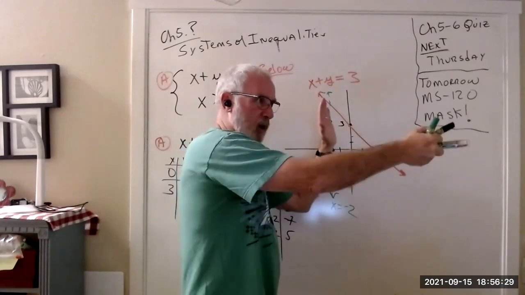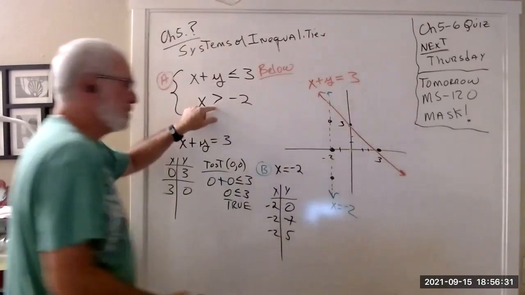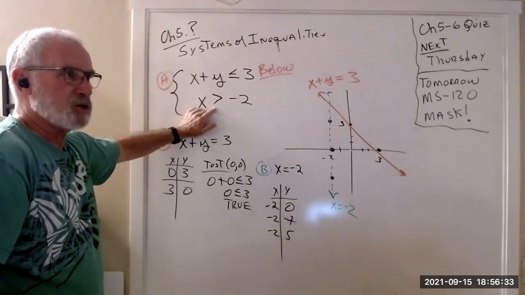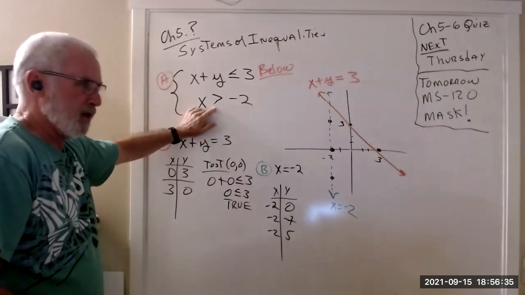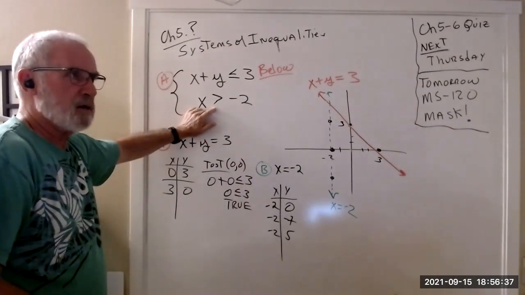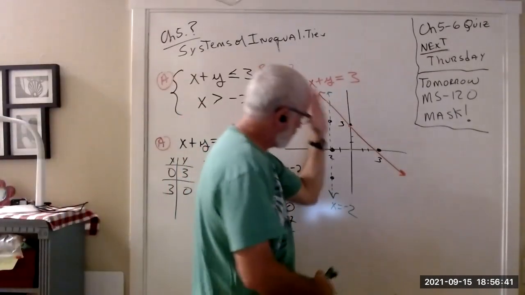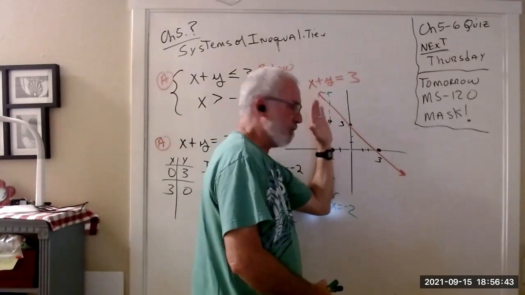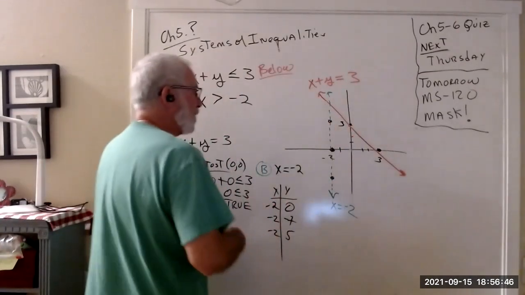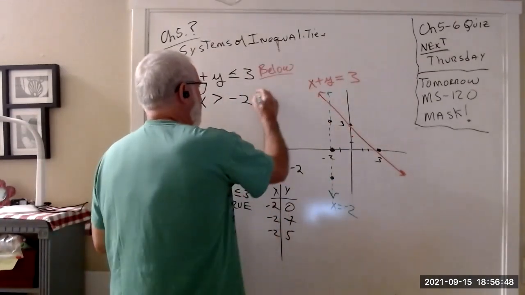That's what that's saying. So instead of seeing this as pure math, x is greater than, think bigger than. x is bigger than -2. So there is -2 right there, bigger than this way. So on the green line, I'm going to go to the right.